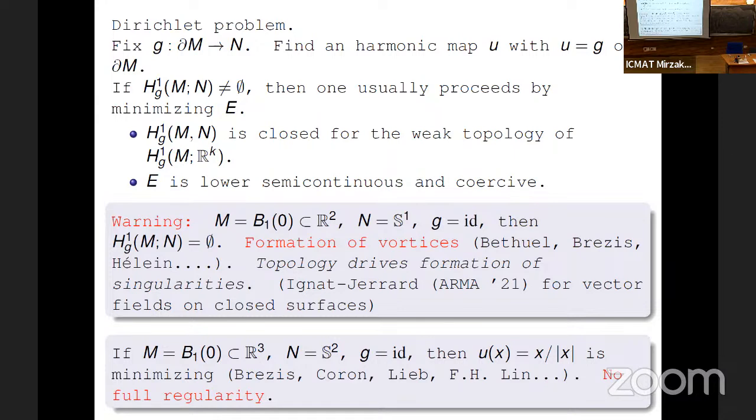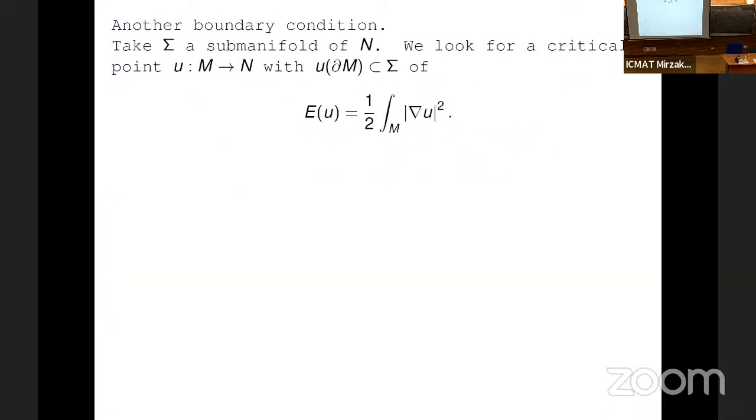And let me go, okay, again, another example of static situation in which I change the boundary condition now. So now let's take a submanifold of the target manifold N. And let's look at critical points of the very same energy, in which now you impose that the boundary of your manifold M is mapped to the submanifold Sigma.